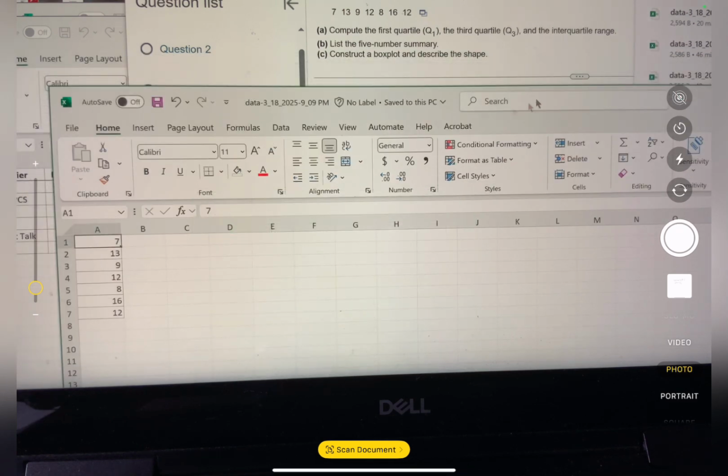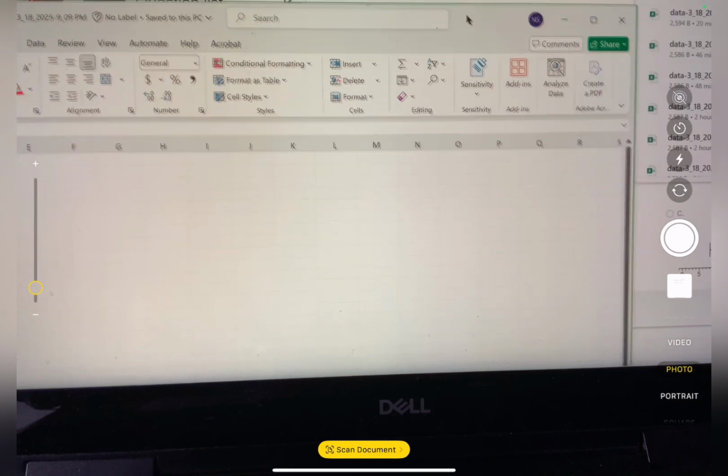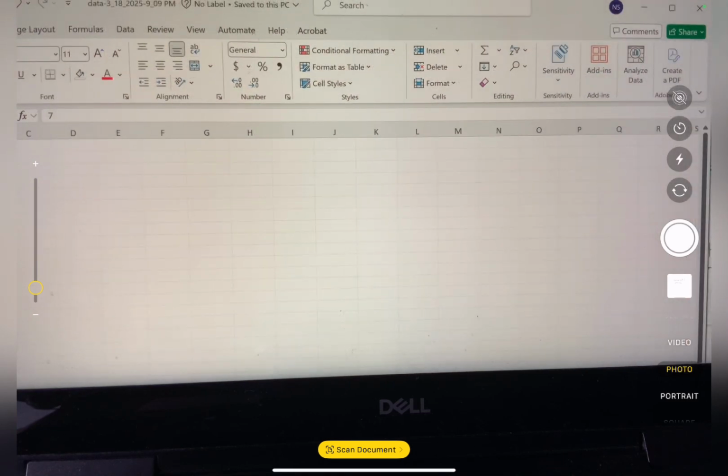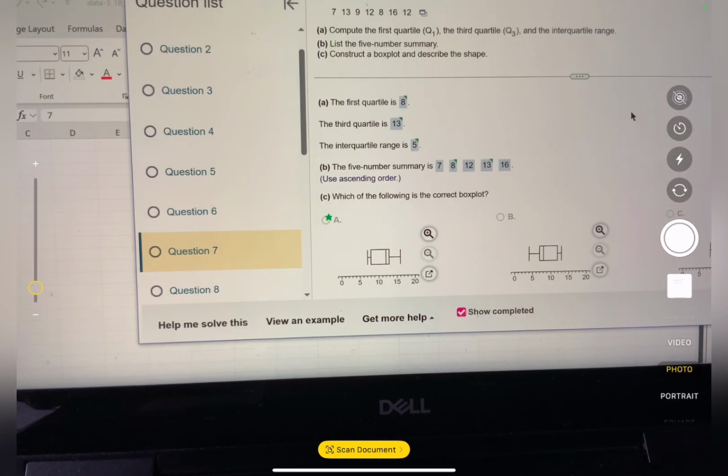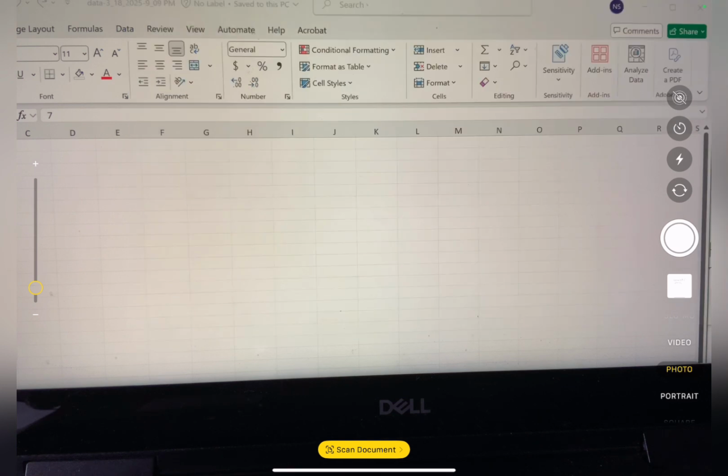All right, I won't waste time. So we need to find the first quartile, third quartile, and interquartile range. The entire database is usually divided into 4 parts, each of them 25%, so a fourth of the database.